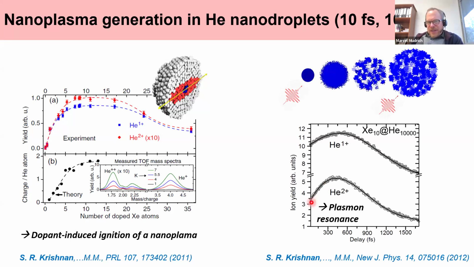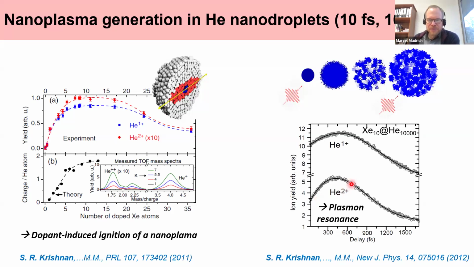And the point is that after a certain waiting time, a delay between this first igniting pulse and a second drive pulse, we could achieve conditions where the density and the size of this expanding plasma was just optimal to absorb the energy from the second drive pulse, which then further ionized and heated the plasma, such that the yield of He+ and even He2+ was optimal at a delay time of some 400 to 500 femtoseconds.